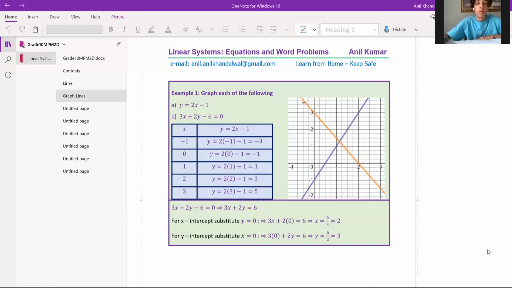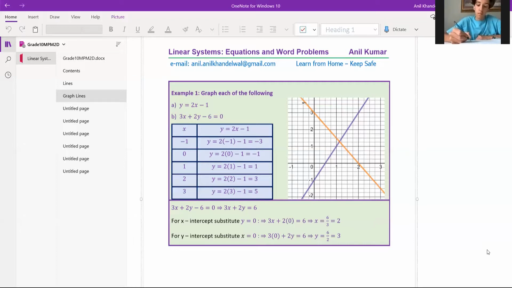It could be 2, 3, or whatever, but a system is formed when we have more than one. Till now, we had been working with just one equation in grade 9. Now we have 2 equations to work with, and these 2 linear equations will form a system.